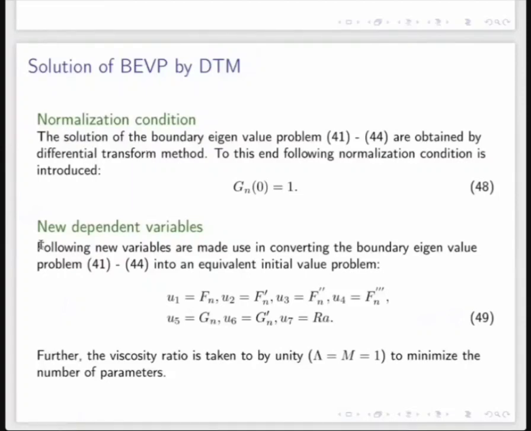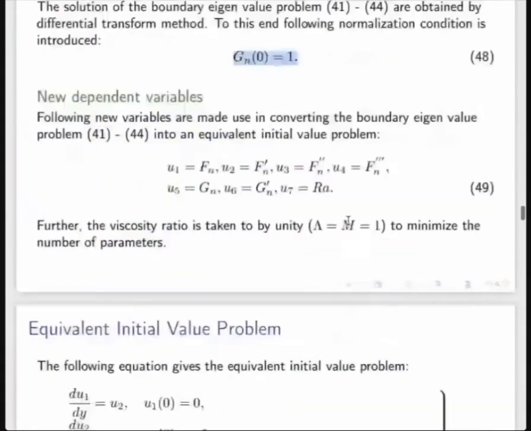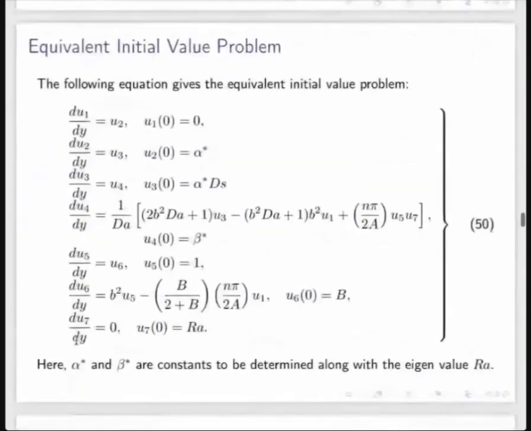So if we use a normalization condition, that will cover one additional boundary condition, and I have not shown the additional differential equation explicitly anywhere, but this is the last equation which I'm introducing as an additional differential equation.